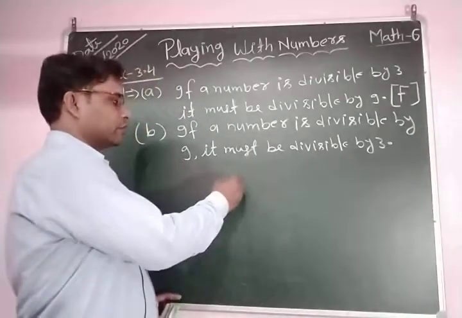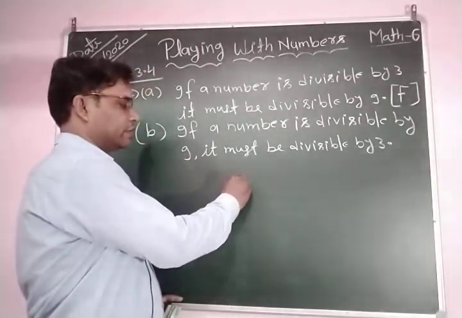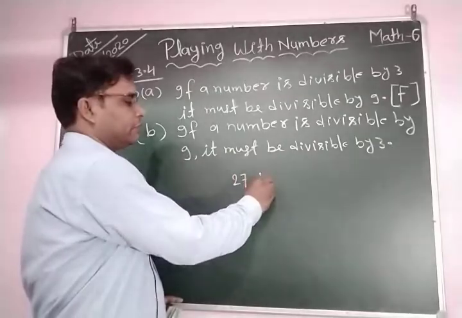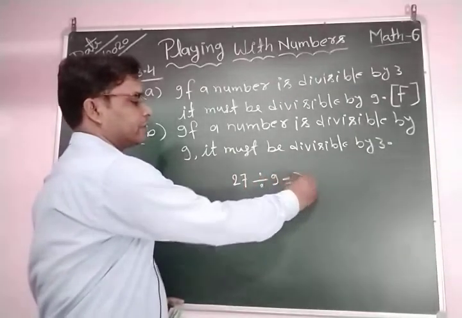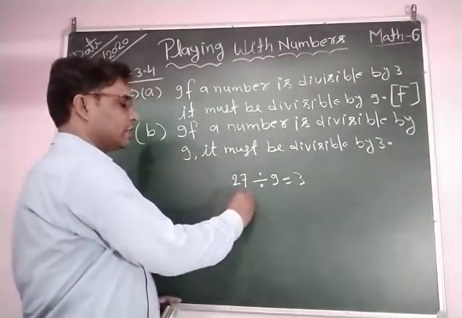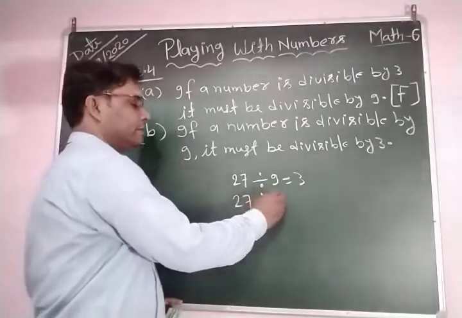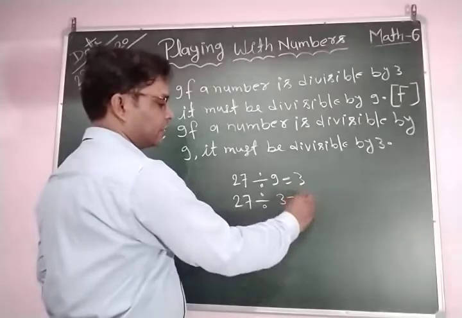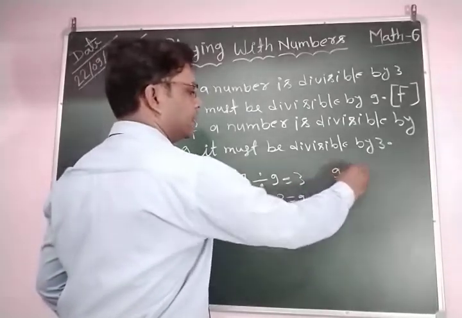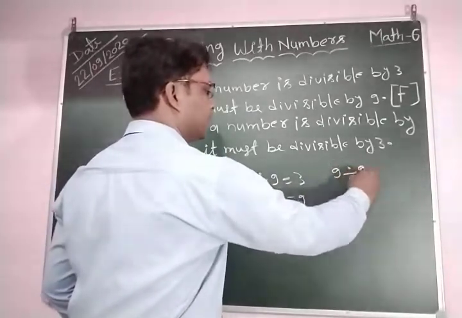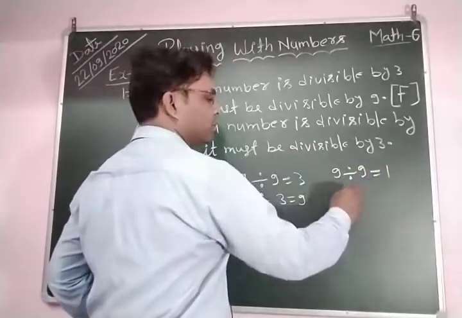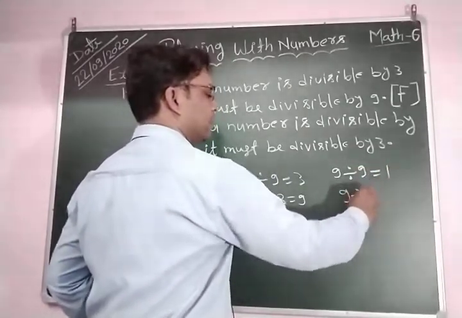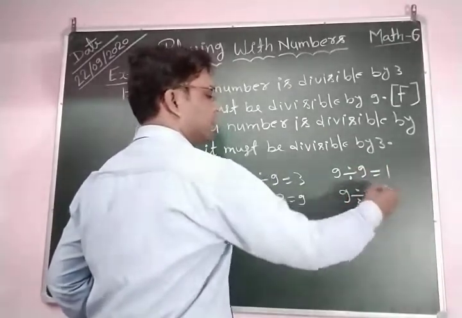Suppose we take 27. 27 is divisible by 9, 3 times, and 27 is also divisible by 3, 9 times. 9 is divisible by 9, 1 time, but 9 is also divisible by 3, 3 times.